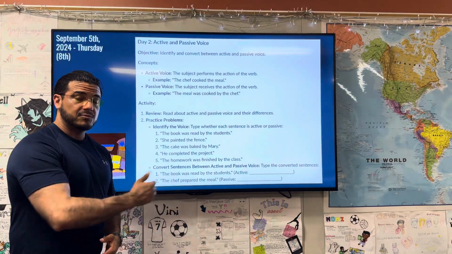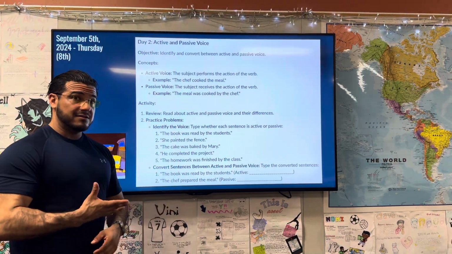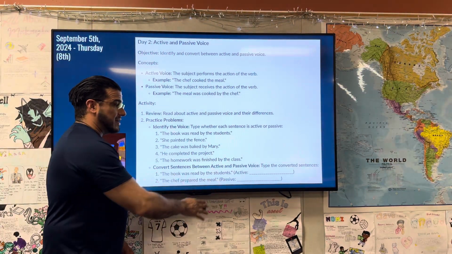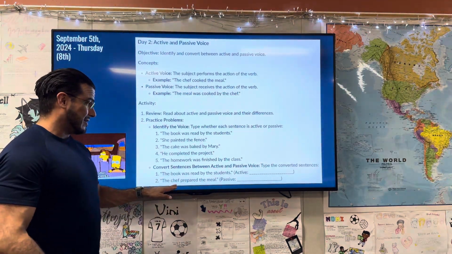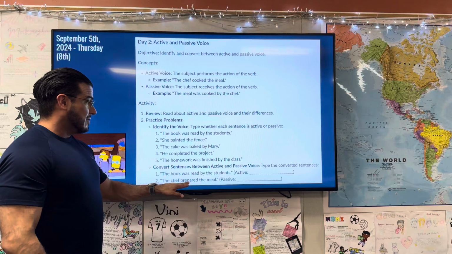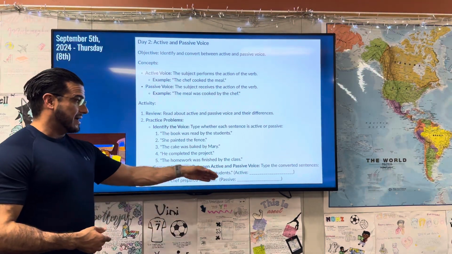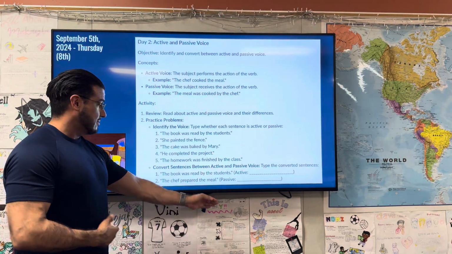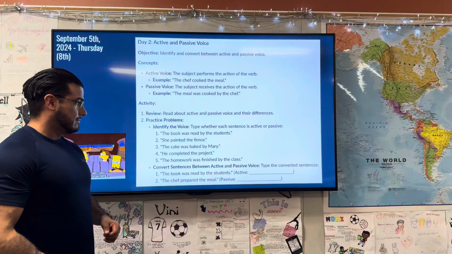So they, once more, are responsible. Sentence number 2 looks like it's in its active form, and we're looking to put it in its passive form. Active, it reads the chef, subject, verb, prepared, object, the meal. Okay, passive would be the meal was prepared by the chef.